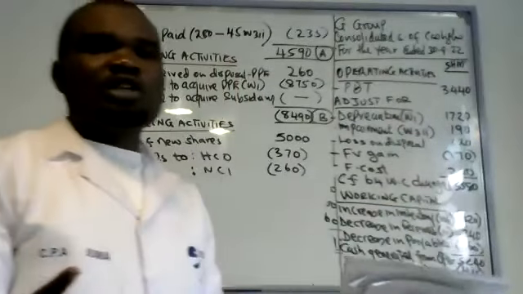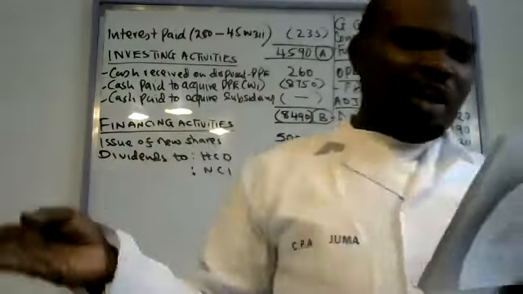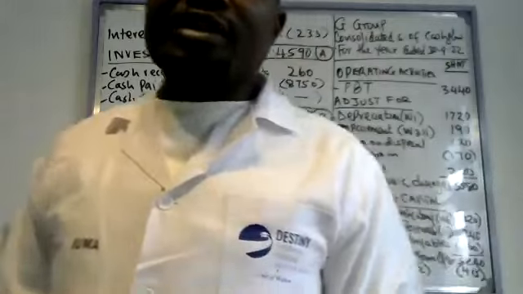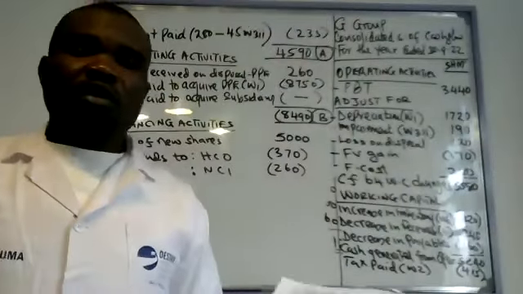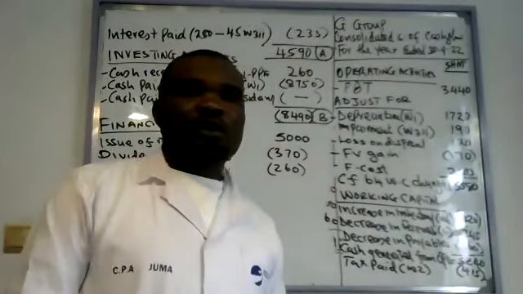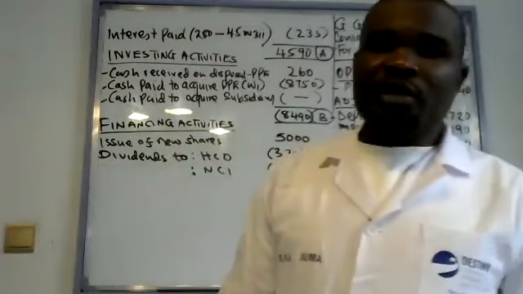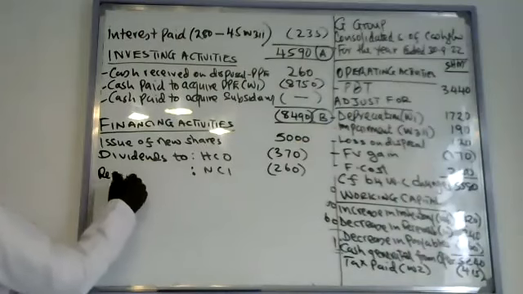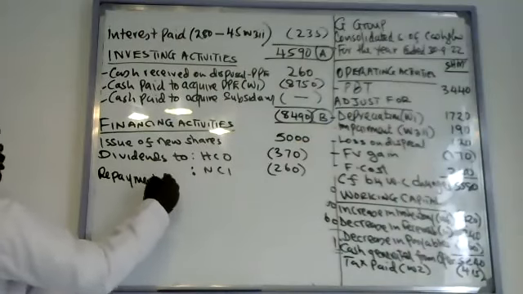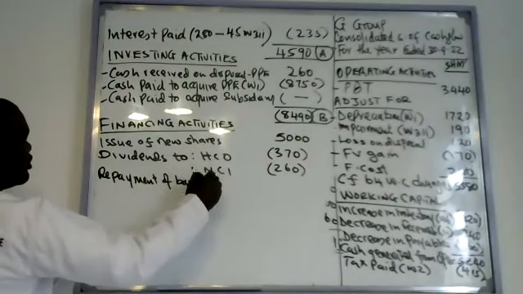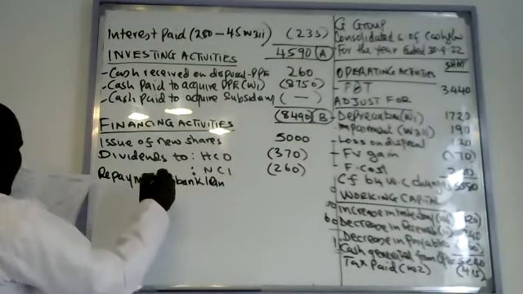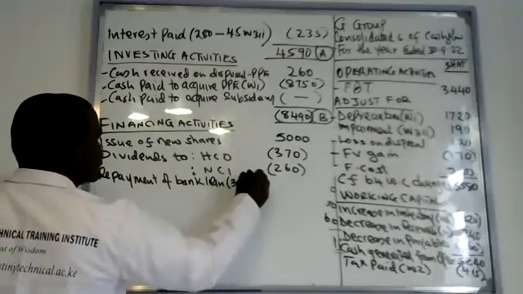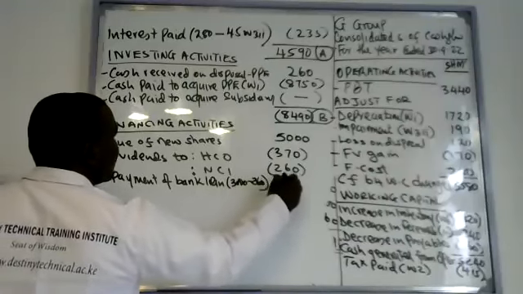From your view as accountants, what has happened to the loan? When we opened the year, the loan was 3. Now the loan is 26. What has happened? Yes, Salima, we have paid. So that is loan repayment, correct? Repayment of bank loan. That is 3 minus 26. These people paid 400.